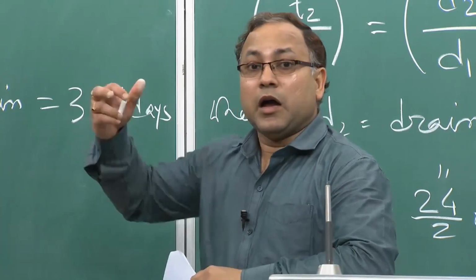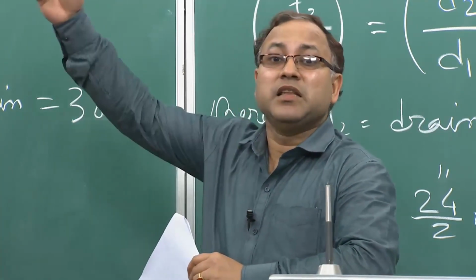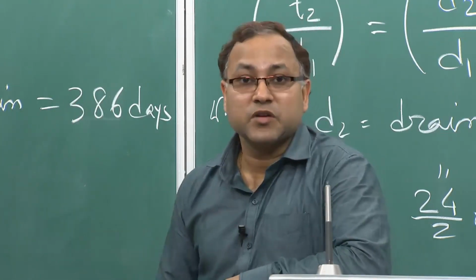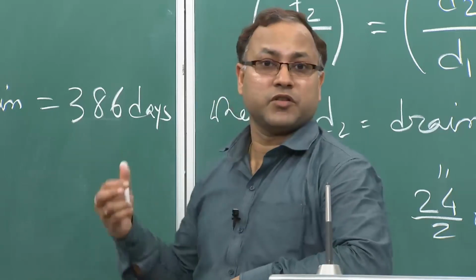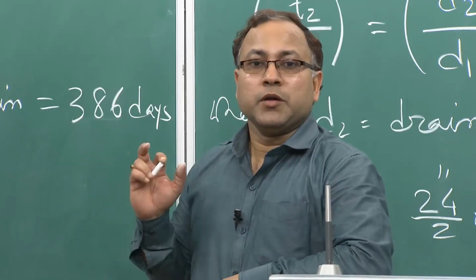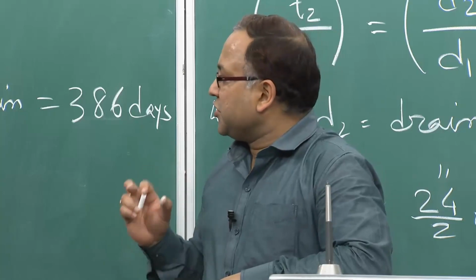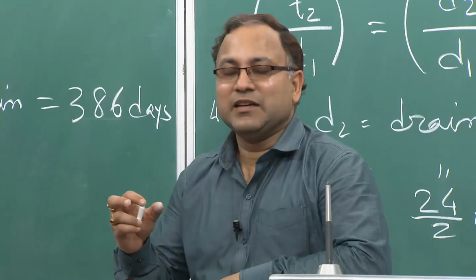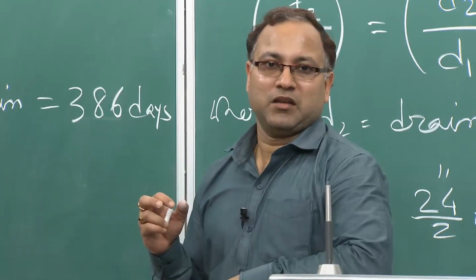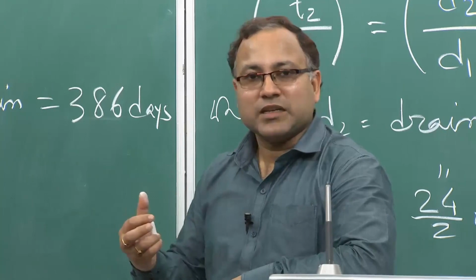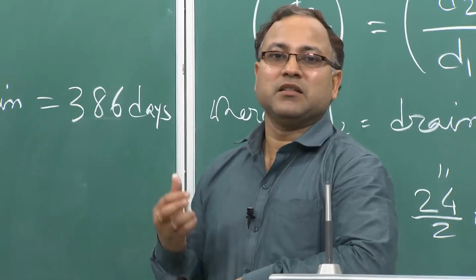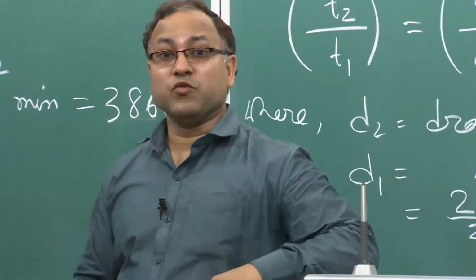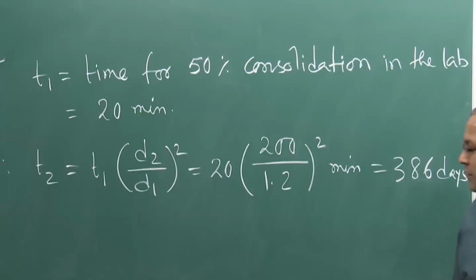So, you have to wait till that period to get say 90% primary consolidation or 95% consolidation or whatever. That means the consolidation phenomenon is not a short duration phenomenon. You need to wait for a longer period to get the primary consolidation, forget about the secondary one. So, primary consolidation itself will take this much time. Okay.